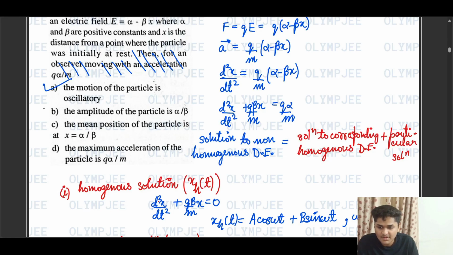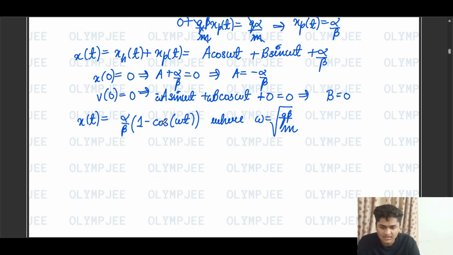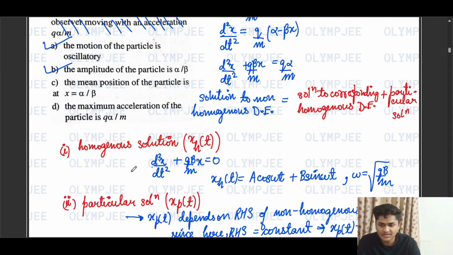Amplitude was also alpha by beta, because the limits for cos omega t are minus 1 and 1. So this xt will range from 0 to 2 alpha by beta, and in between there will be a mean position also. So if we take half of 2 alpha by beta, we will get the amplitude from the mean position. So B option is correct.